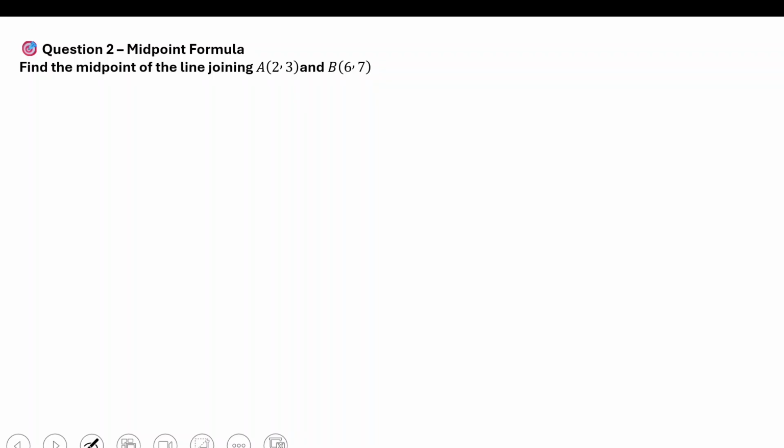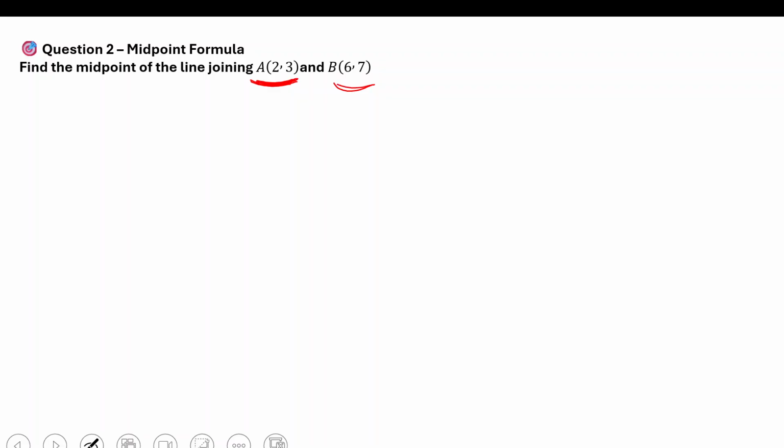Okay, so number 2, it says find the midpoint of the line joining A defined by 2 and 3 and B defined by 6 and 7. The first thing you always do when you are given coordinates like this is identify the values of x and y of each of them. The first one is x1, y1.